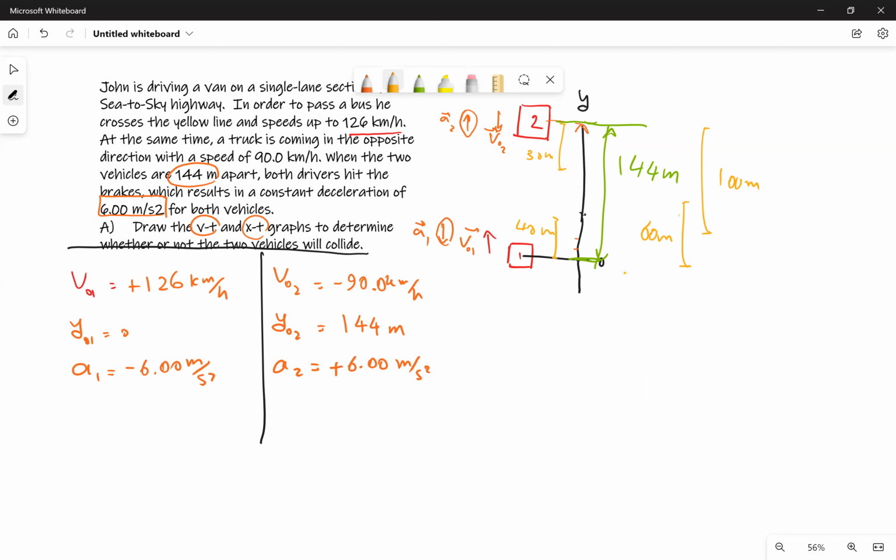60 meters is the distance that vehicle 1 needs to come to a full stop. 100 meters is the distance that vehicle 2 needs to come to a full stop. Okay? If you add them up together, 100 plus 60, that will give you 160 meters. Is that enough for no collision?